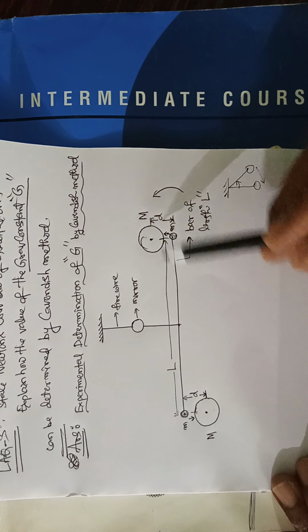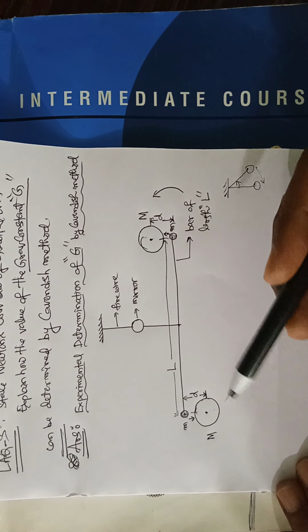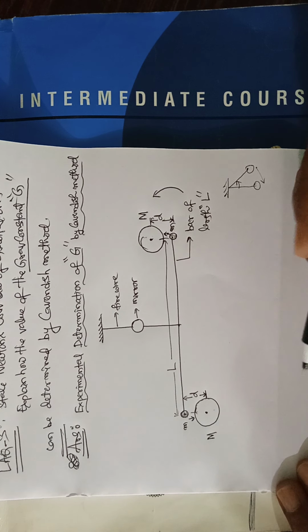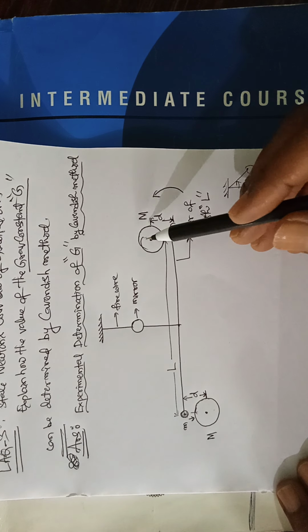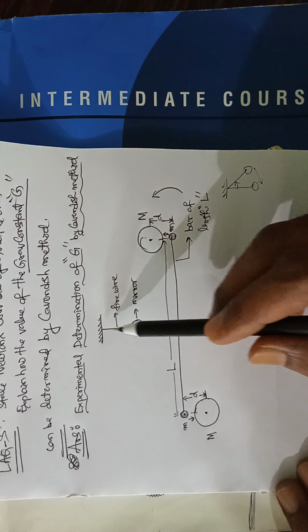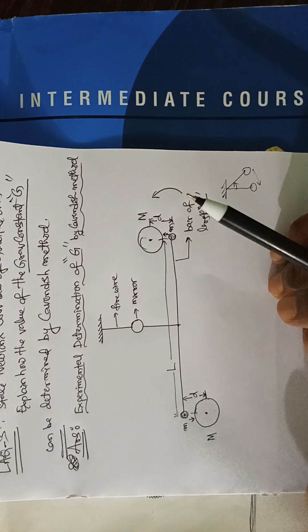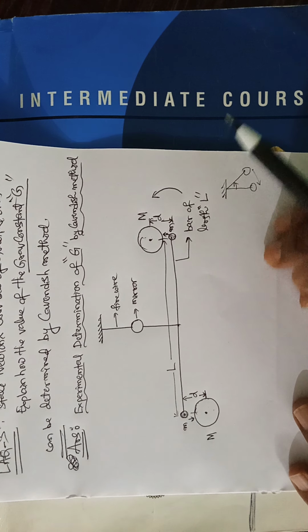See, when you placed the large spheres, the bar was deflected by some angle, and who is responsible for that? Deflecting torque. These two spheres produced deflecting torque in the bar, and this fine wire produced restoring torque to untwist itself.